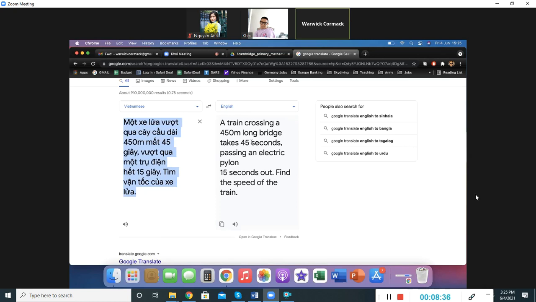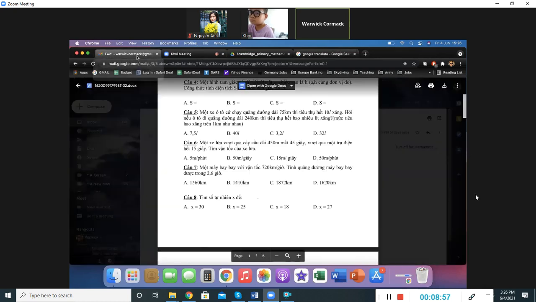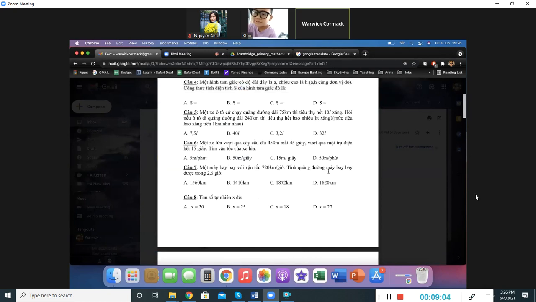But it takes 15 seconds for the train to clear the pylon, so you must minus that from the 45 seconds because the train is maybe very long. Maybe they're trying to say that. So which one do you think? A, B, C, or D? C. So you thought C originally.